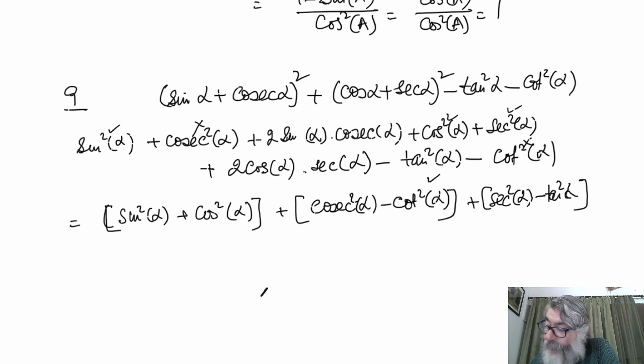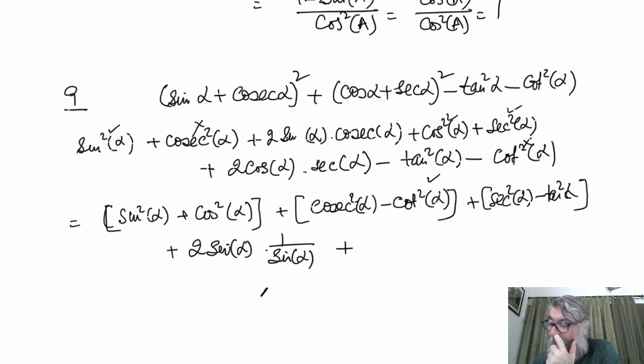And what is left? Left is 2 sine alpha and cosec alpha. So it will become 2 sine alpha into 1 upon sine alpha, plus 2 cos alpha into 1 upon cos alpha.